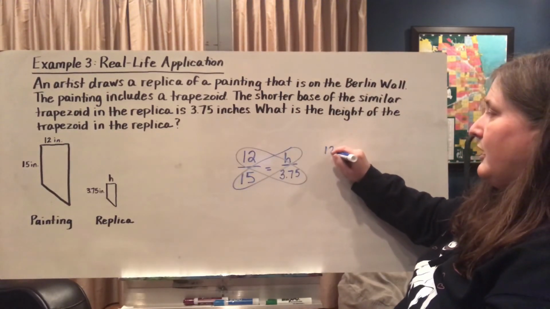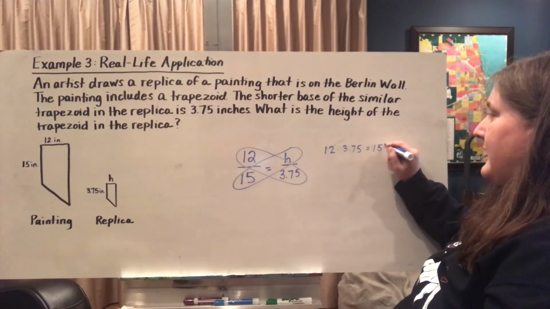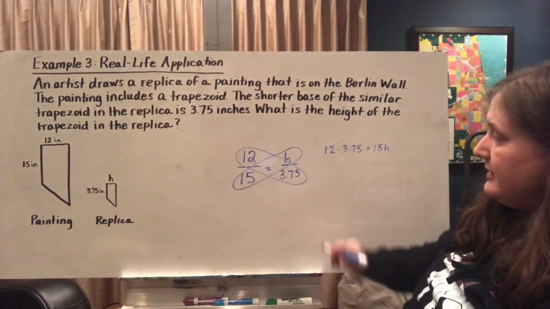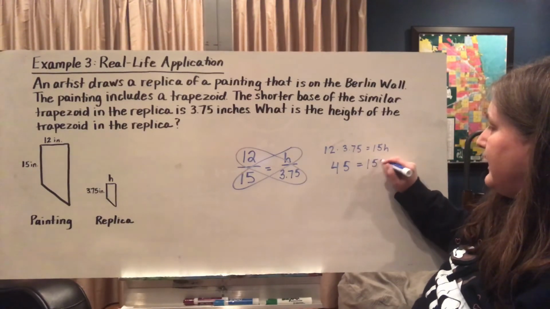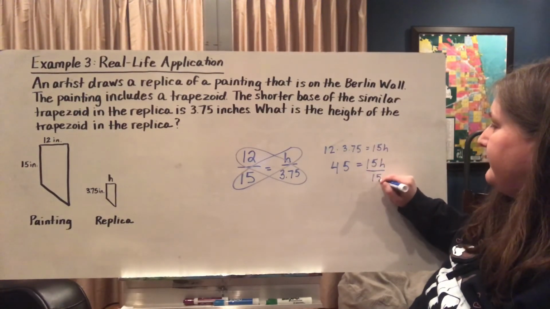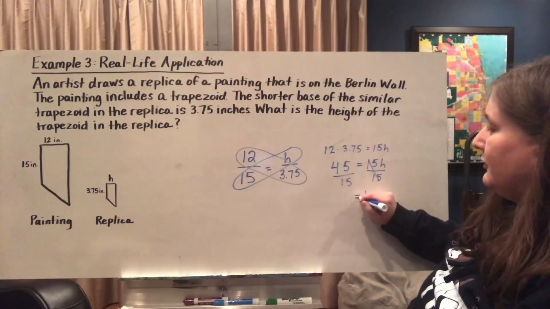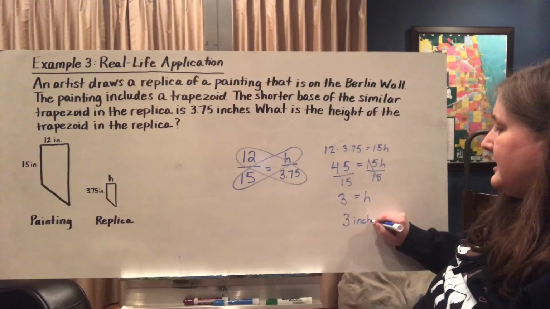So I'm going to do 12 times 3.75, and 15 times h. So 12 times 3.75 is going to give me 45, and that equals 15 times h. I'm going to divide each side by 15 to get h by itself, and I get h equals 3. So on the replica, that height is 3 inches.